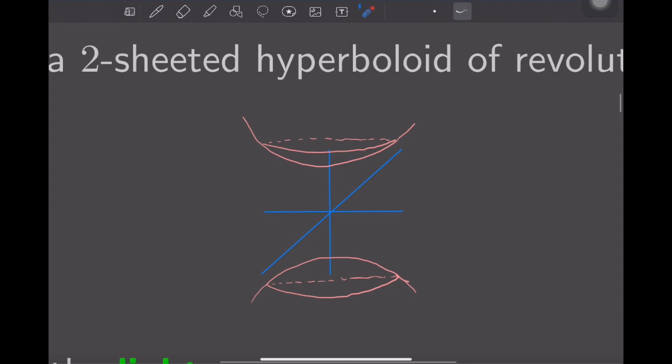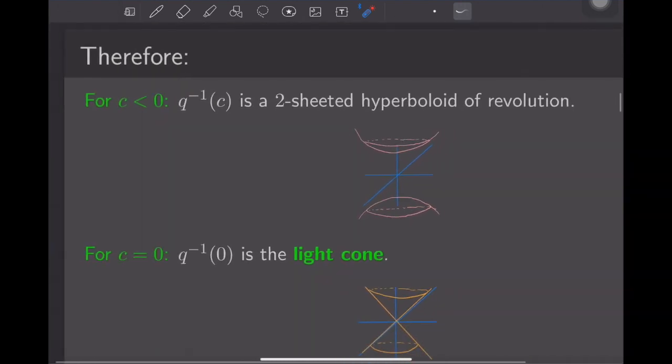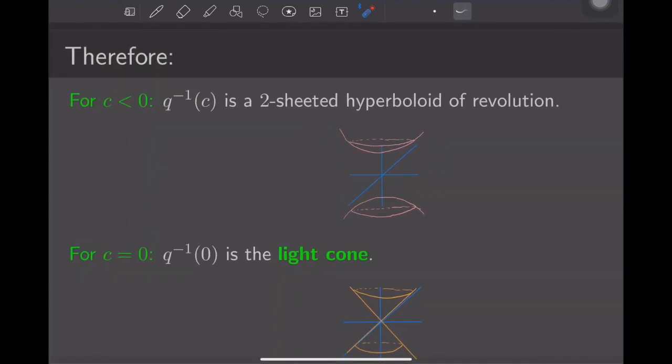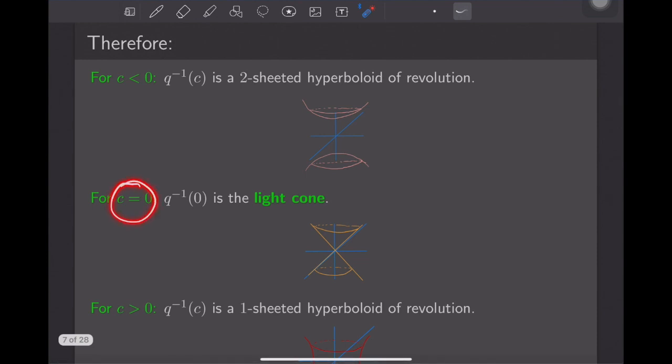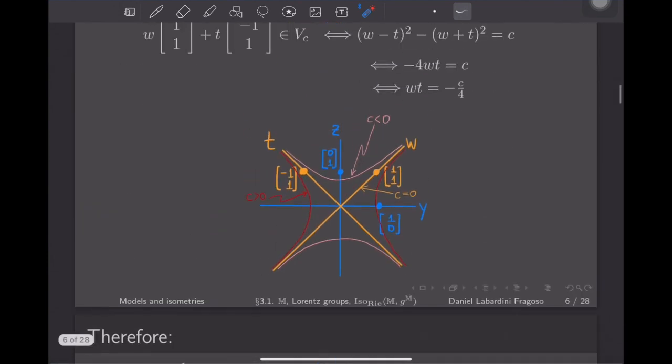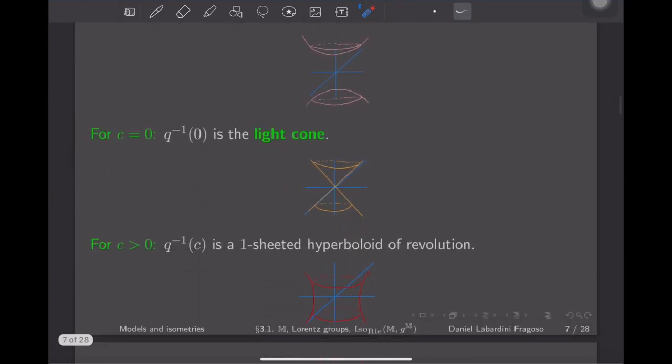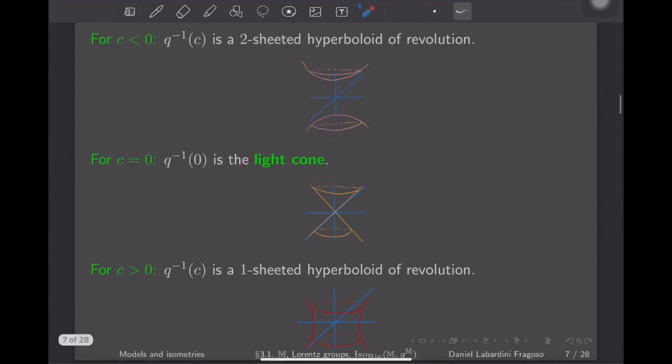but the cross sections are really hyperbolas, right? For C equal to 0, you have to rotate these two lines, and then you obtain the cone, the light cone, the terminology really coming from special relativity.